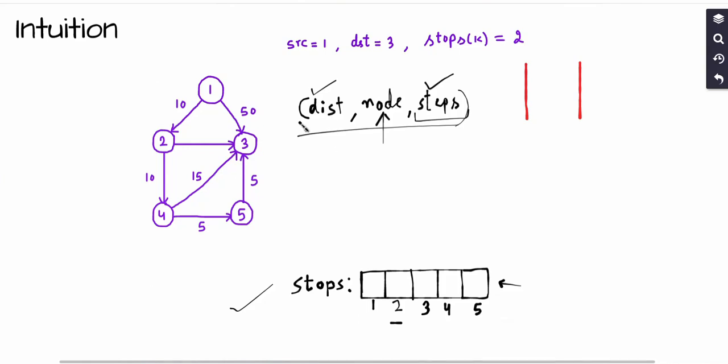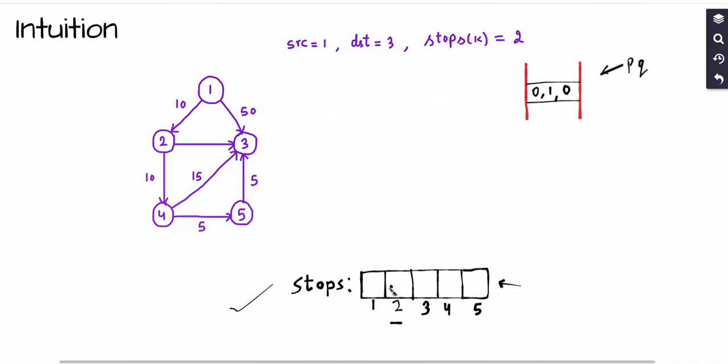Fine. Since I'm using a priority queue, it will sort these triplets according to the first variable, which is distance. As in the standard Dijkstra algorithm, I will greedily pick these triplets according to their distances from the source. Initially I push this triplet for node number 1, the source, that would be 0, 1, and the steps would be 0, while for the source city the stops array will have 0 stored. Now I pop this node from my priority queue.